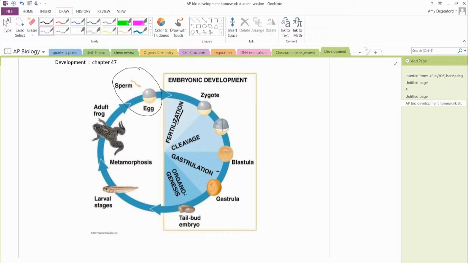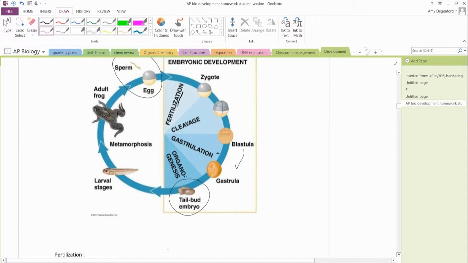So we're going to start seeing a really major shift in gastrulation, and you see the blastula turning into the gastrula, and that's where we see the development of the digestive system. And then from the digestive system, we start seeing all of the other organs being developed, and then we get to the very beginnings of the embryo that maybe some of you recognize.